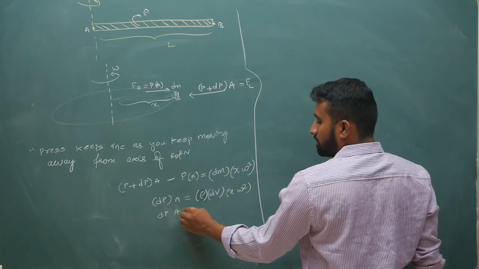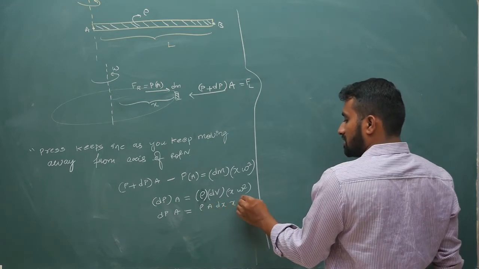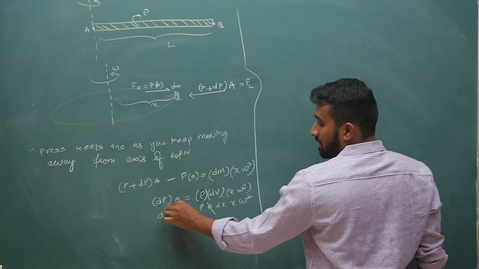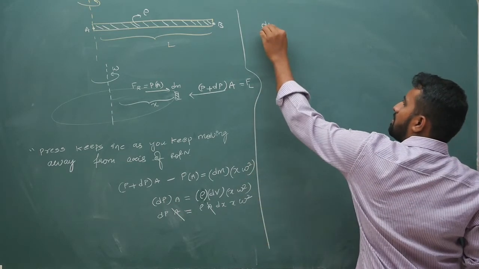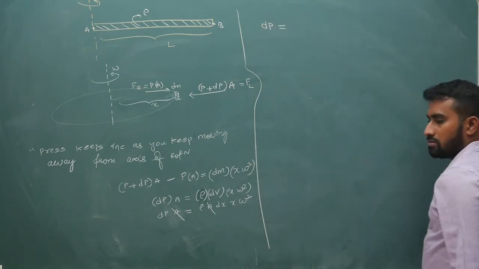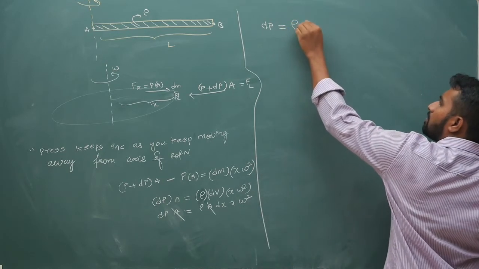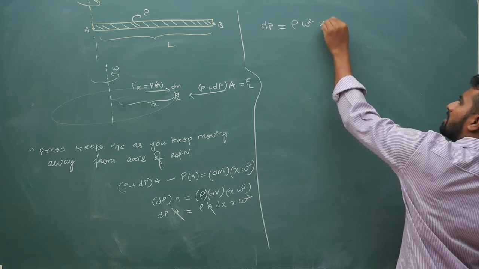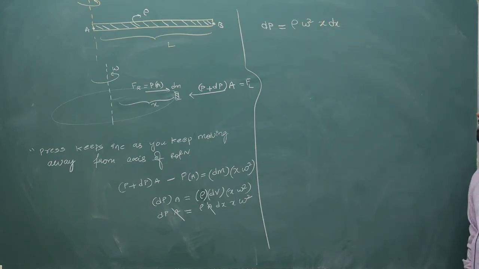So dP into A is rho times A dx into x into omega square. A will cancel off. Your pressure dP is equal to rho omega square times x dx.